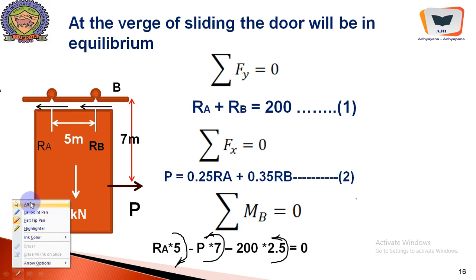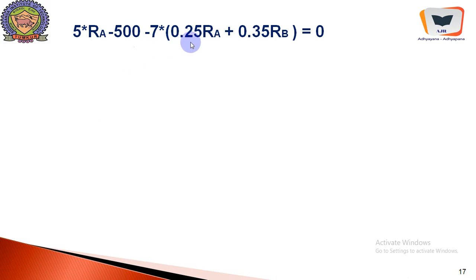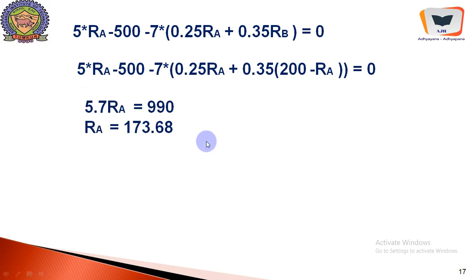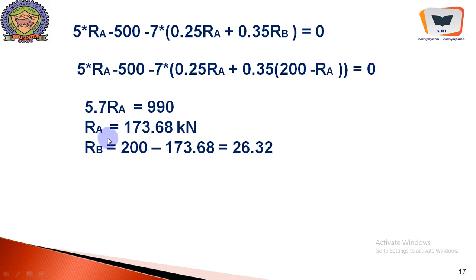Now we will solve this. 5 times RA, we are substituting, and we are removing this particular force P by means of this equation, and we will also remove RB, because this is obtained from equation number 1, and we have only one unknown when we took sigma MB equal to 0, and we will be able to solve for RA. When we solve for RA, we substitute it back into equation number 1 to get RB.